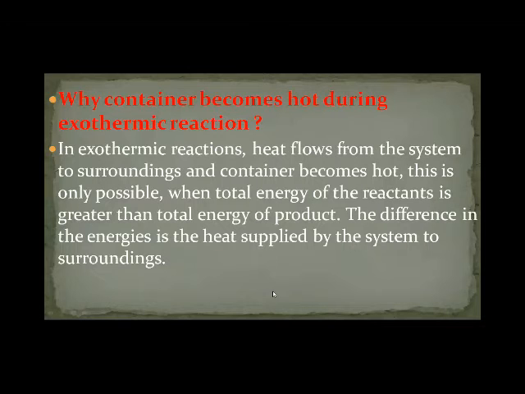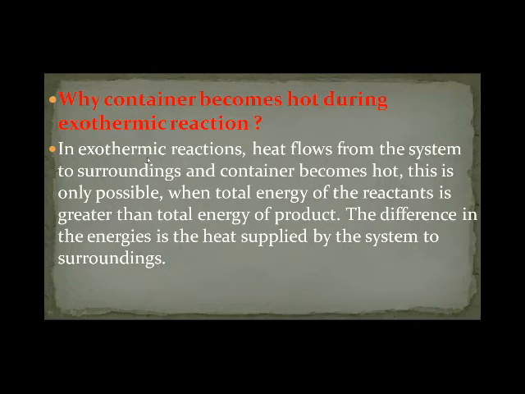Next, we have why containers become hot during an exothermic reaction. In an exothermic reaction, heat flows from the system to the surroundings and the container becomes hot. This is only possible when the total energy of the reactants is greater than the total energy of the products. The difference in the energies is the heat supplied by the system to the surroundings.